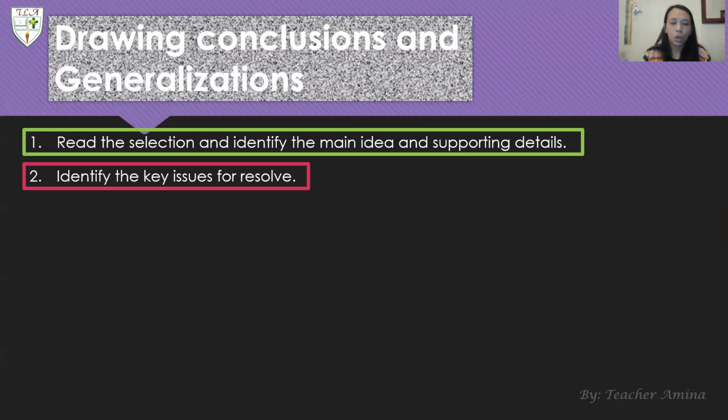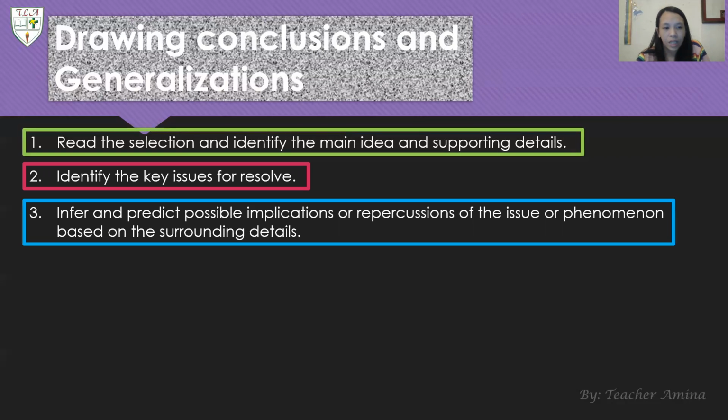You also have to identify the key issues to resolve. And then you infer and predict possible implications or repercussions of the issue or phenomenon based on the surrounding details.